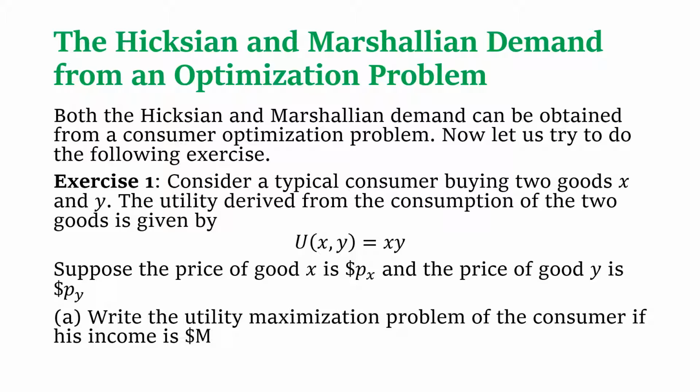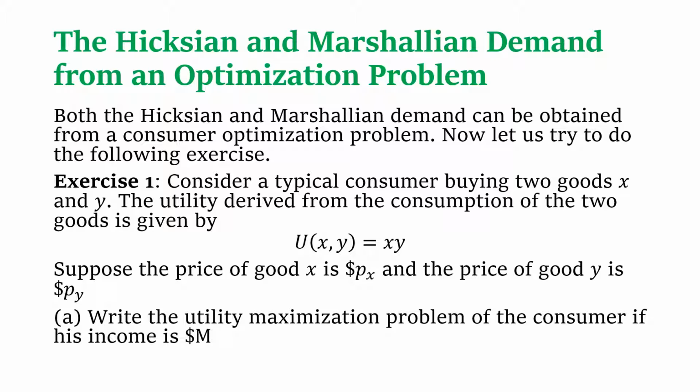Now suppose the price of good x is px dollars and the price of good y is py dollars. Now what I want you to do is to write the utility maximization problem of the consumer if his income is $M. Remember, the income of the consumer is given as $M.